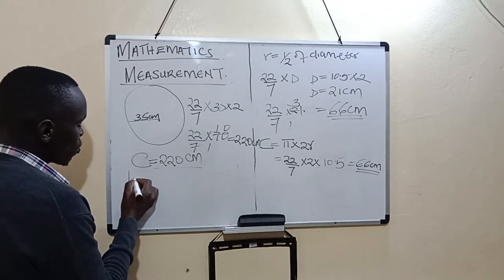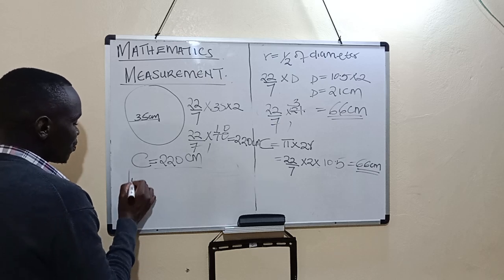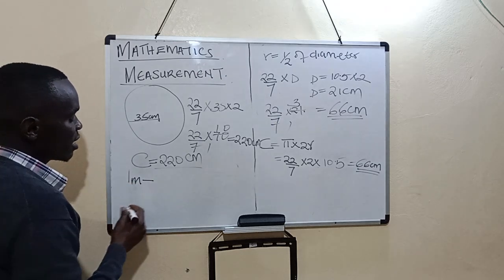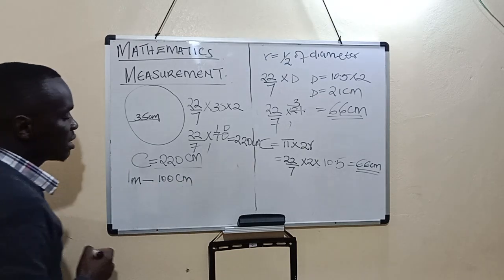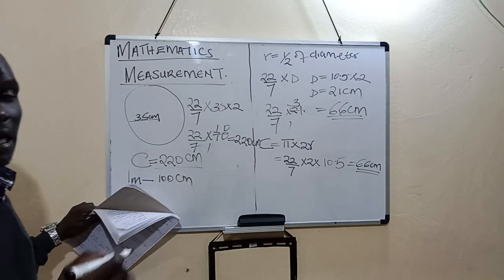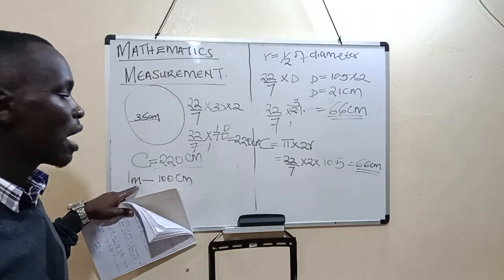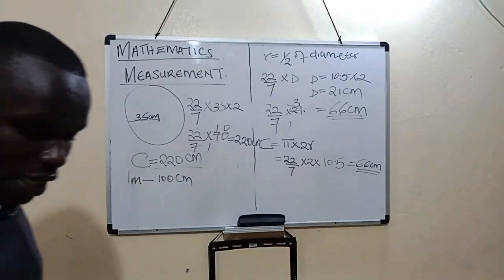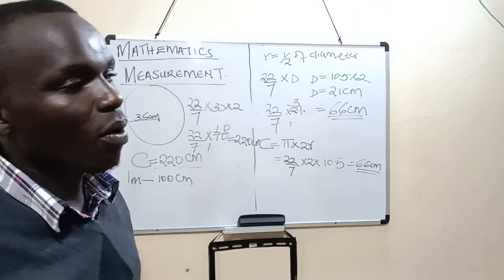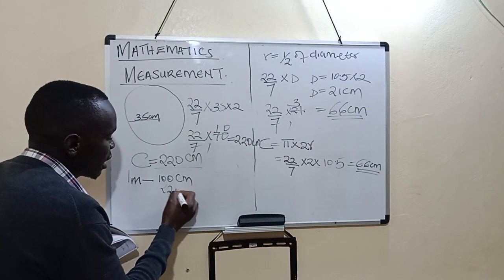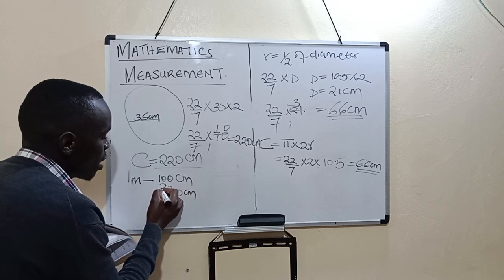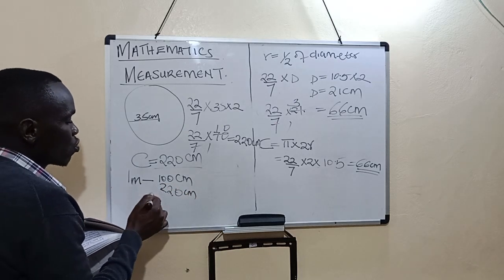We know that 1 meter is equivalent to 100 centimeters. I hope you can refer from measurement. Then what about 220 centimeters?